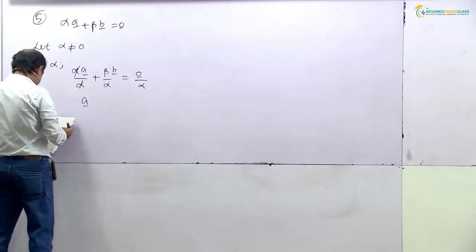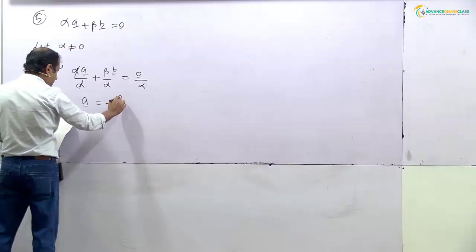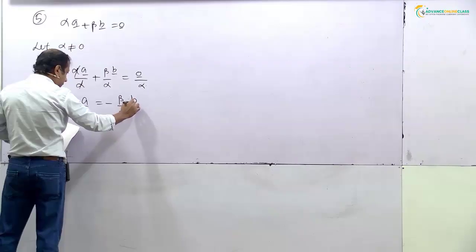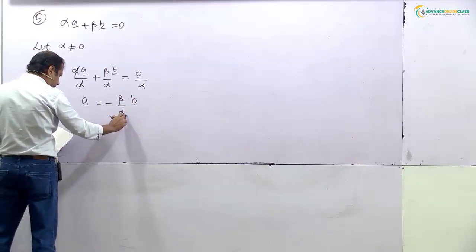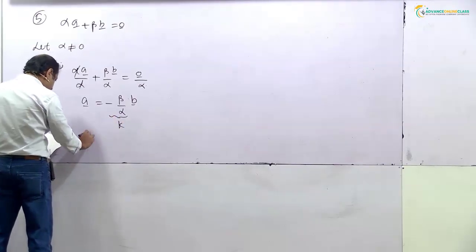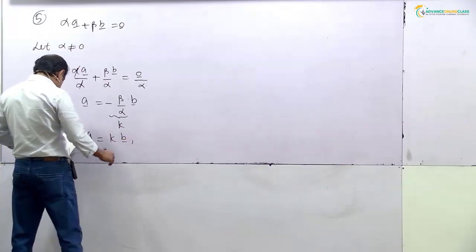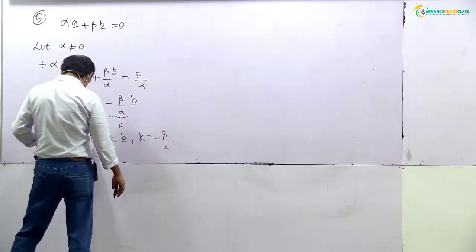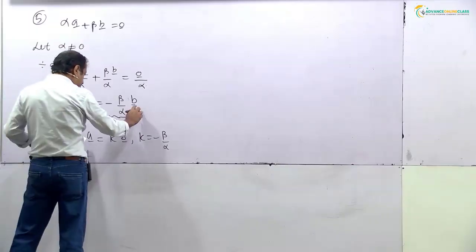A equals the right hand side, minus beta of alpha B. I can take this as K, where K is a real number, then A equals K times B, where K equals minus beta of alpha. For this we get 5 marks.